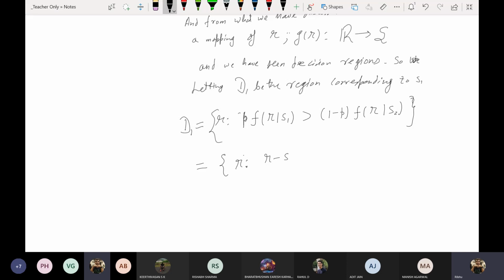R minus S1 minus Xi1 is less than the corresponding term.